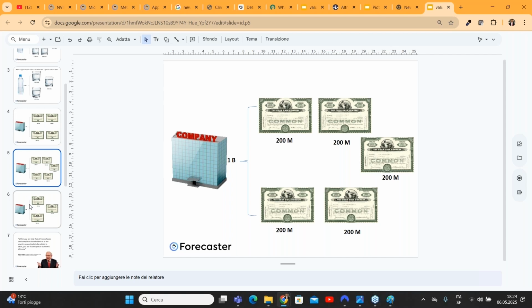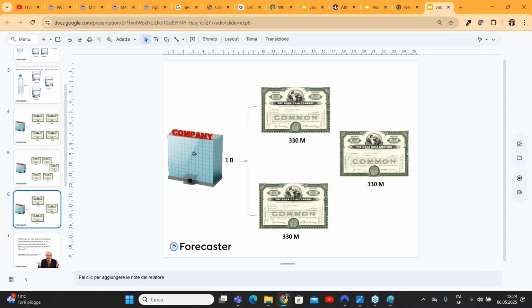The opposite happens if you have the company which is still valued at 1 billion and you take away one share from the market, the value of the free shares that remain on the market goes up and reaches 330 million.